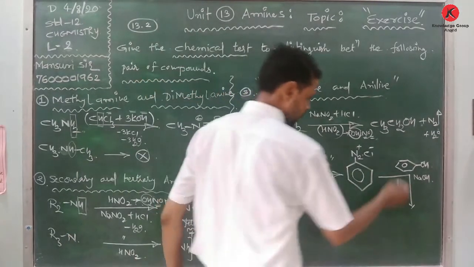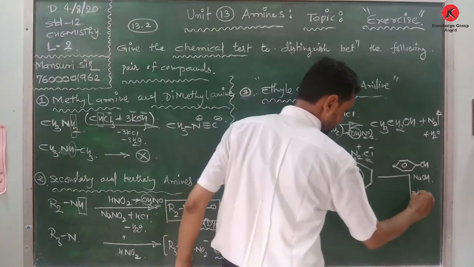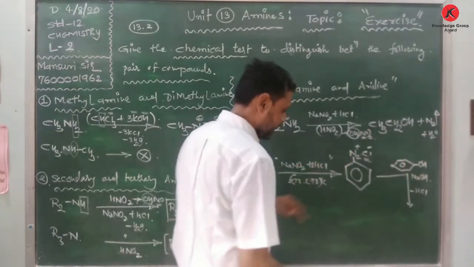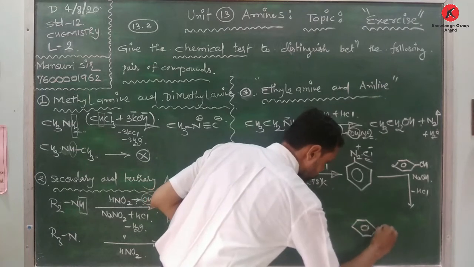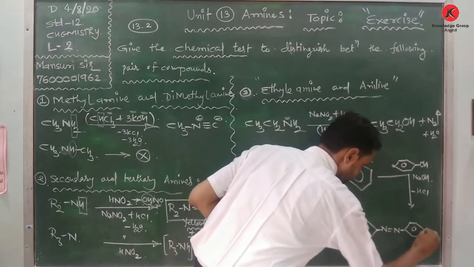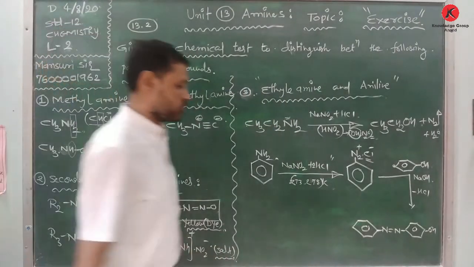How is it possible? Hydrogen and chlorine will be removed. Thereafter these rings will be attached with nitrogen. So your compound will look like this. This is para-hydroxyazobenzene.